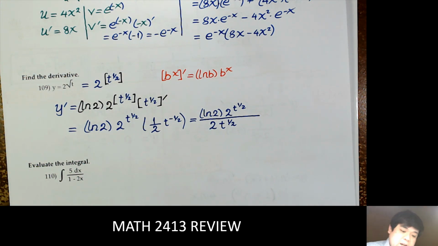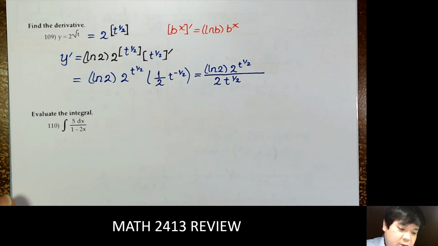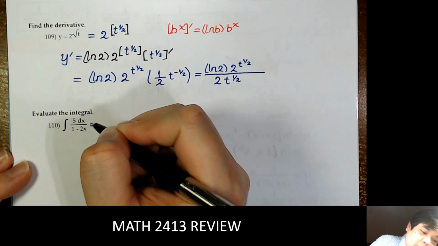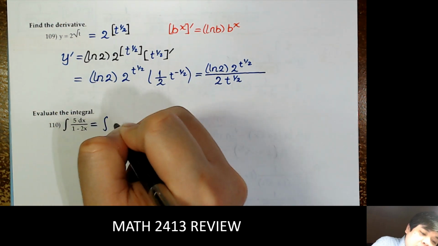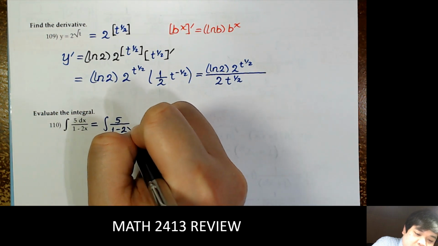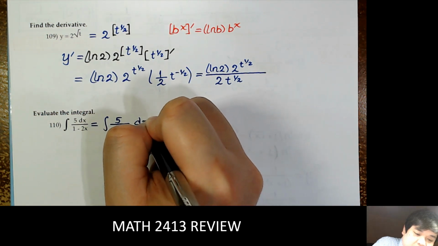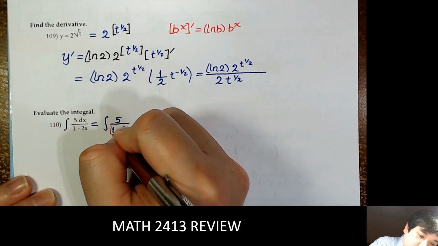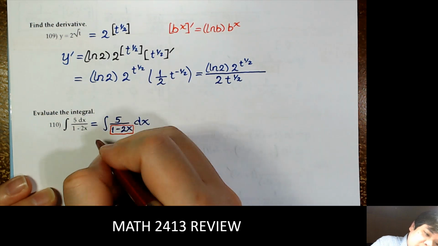Right. Next we have an integral using substitution. First, as always, when we have the dx on the top, I just write that on the side. That will be better. I prefer to have the x on this side. Right, and then substitution. Let u be 1 minus 2x.